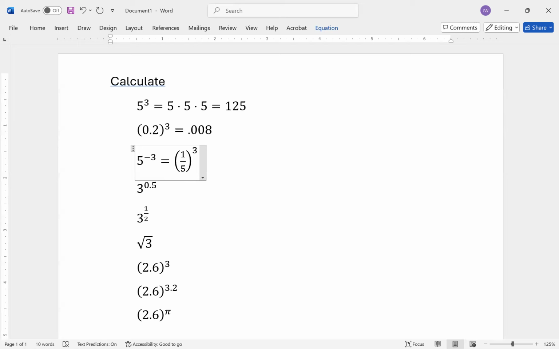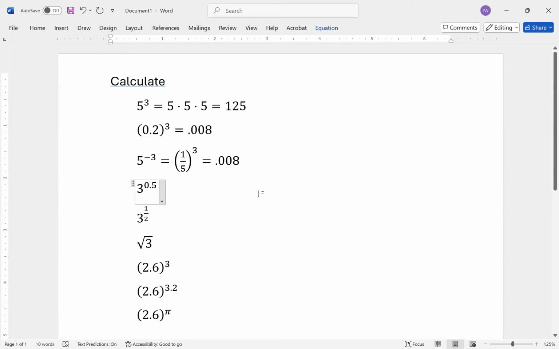If you do it on your calculator, it's perfectly fine to input a negative number into the exponent in your calculator. In this case, I also get 0.008. So notice that 0.2 raised to the third power and 5 raised to the negative third power were the same thing, because 1/5 as a fraction is the same thing as 0.2 as a decimal.